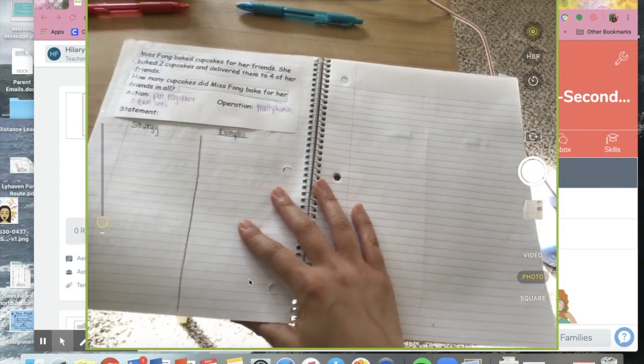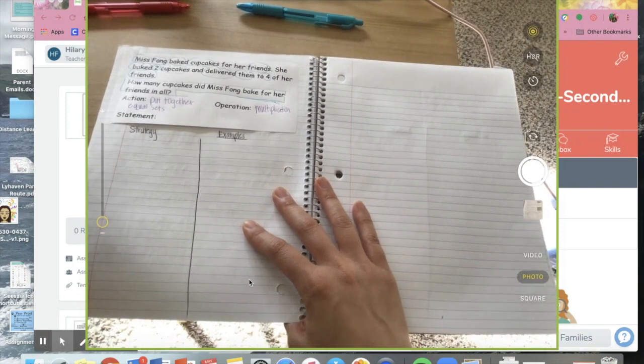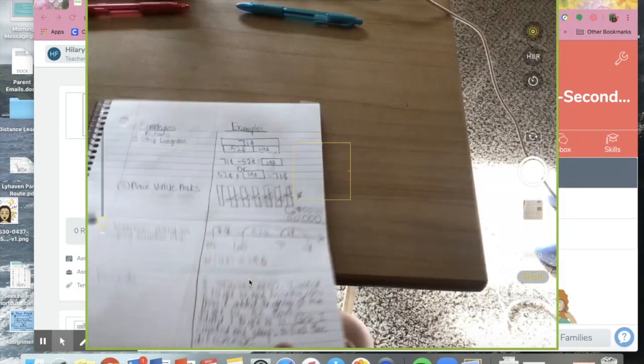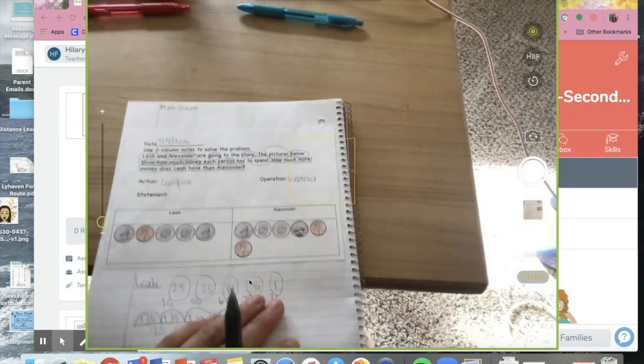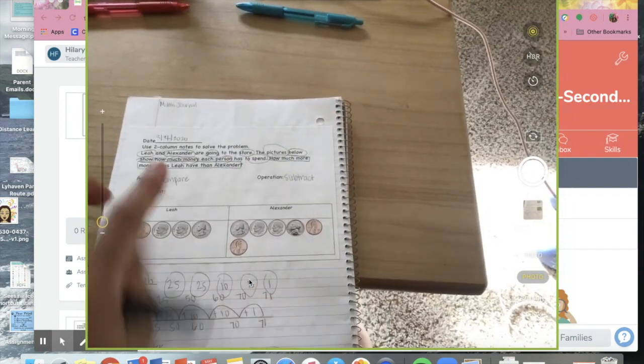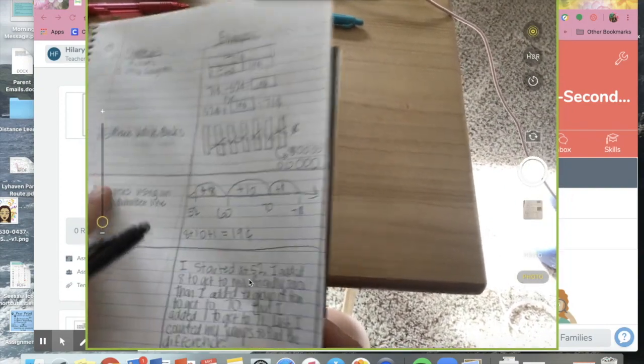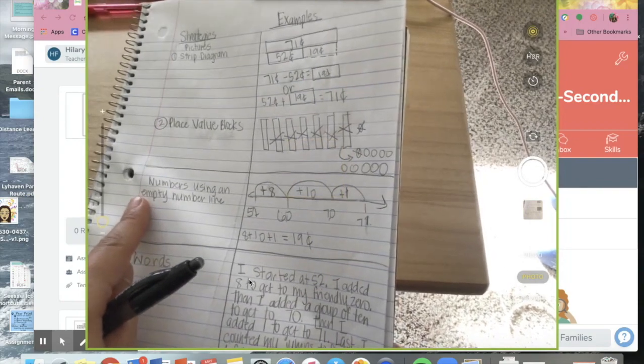Okay, so now remember the strategies that I can use include, remember how this is our last math journal that we did, which was a long time ago, in March. But remember, you need to use pictures, numbers, and words.